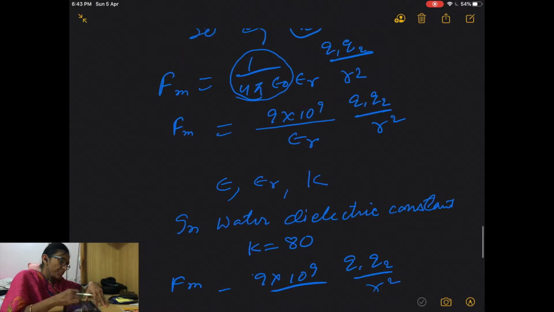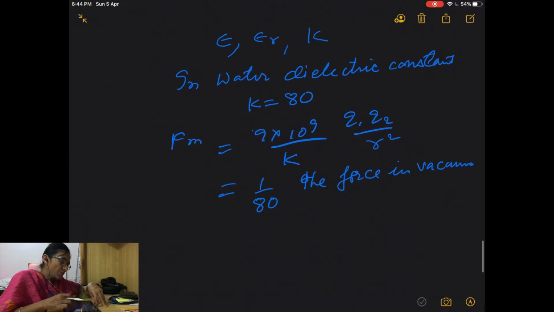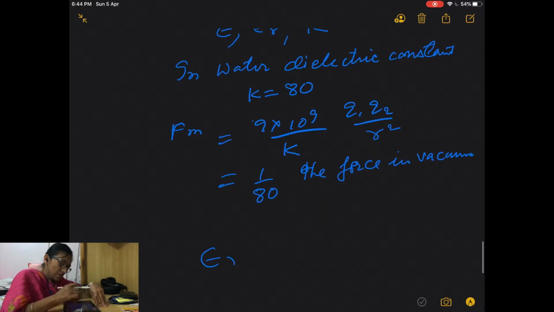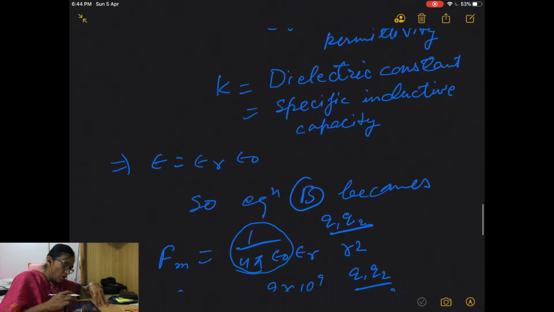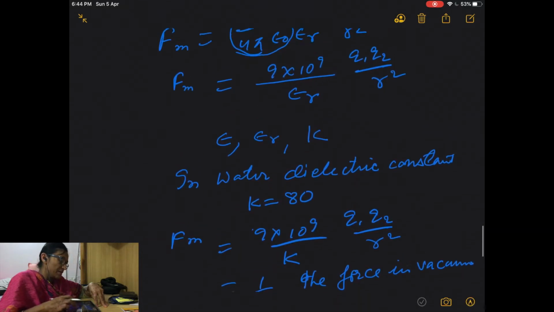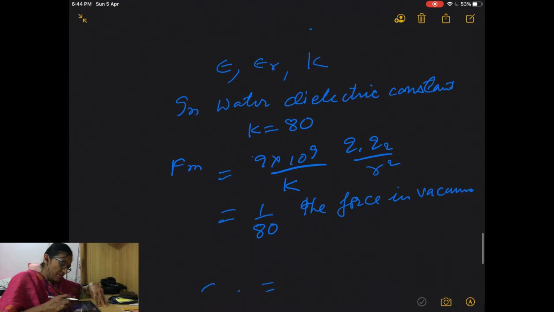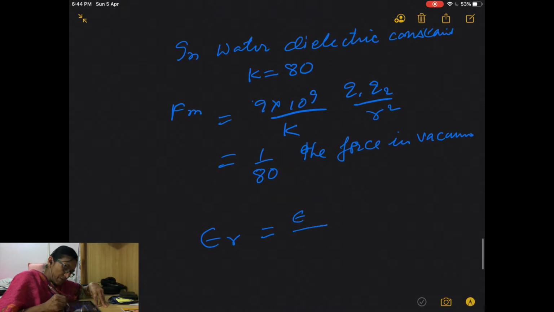But the relative permittivity, epsilon R, is the ratio of two permittivities. It is the permittivity of any medium divided by the permittivity of free space. So it is a ratio of the same thing, so it is unitless.